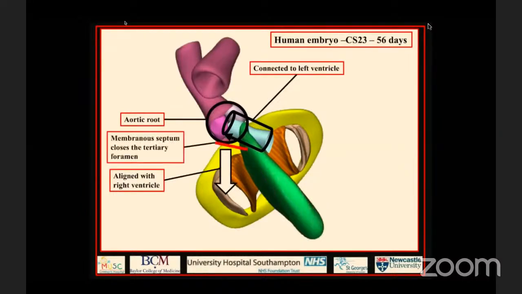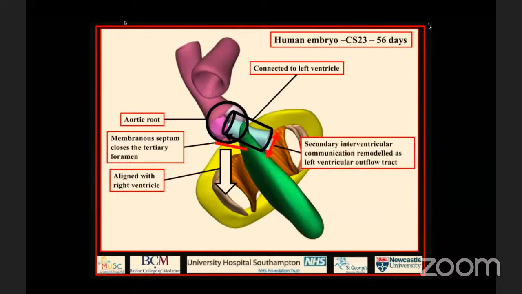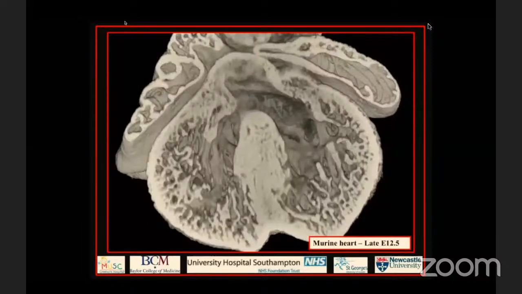So to complete the situation, the heart now closes off the channel between the aortic root and the developing right ventricle, and that channel is now the tertiary interventricular communication, because remember, the secondary interventricular communication is being remodeled to produce the left ventricular outflow tract. And so there you see now the tertiary interventricular communication.